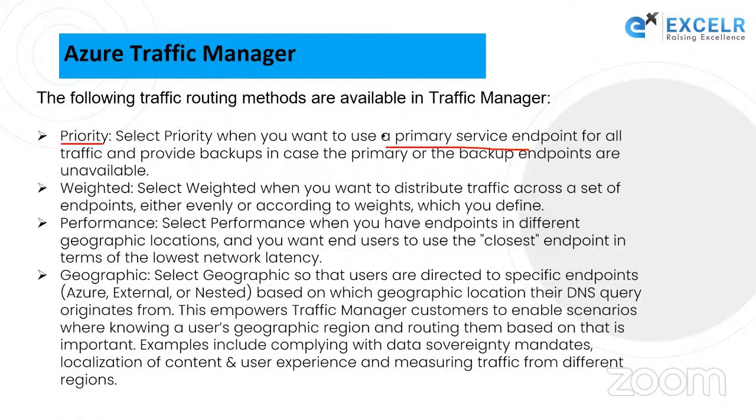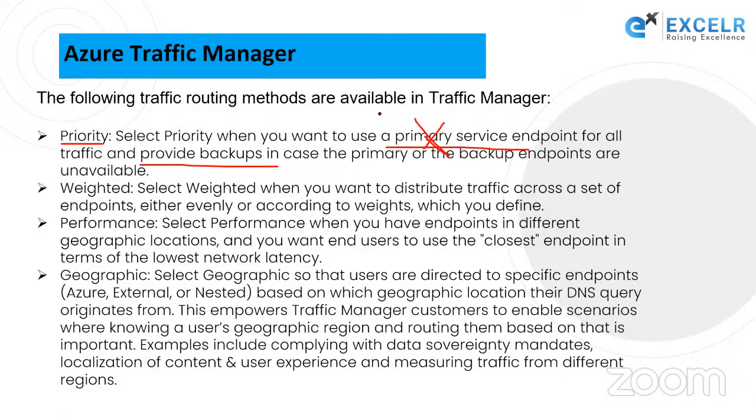Once your primary service endpoint is not available, let's say it is down, you send this traffic to the second or the backup endpoint, which will take care of the traffic. So this is kind of an active standby or failover backup scenario where your primary is going to take care of all the traffic.